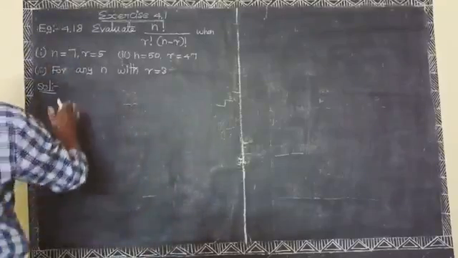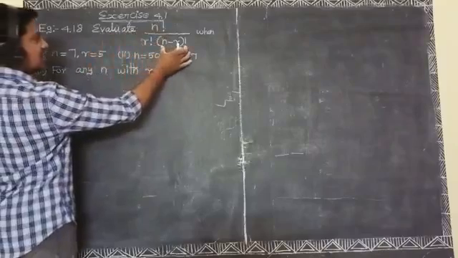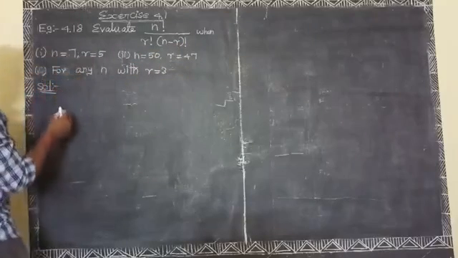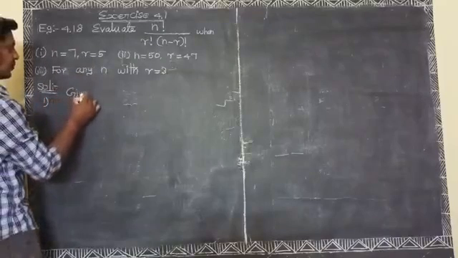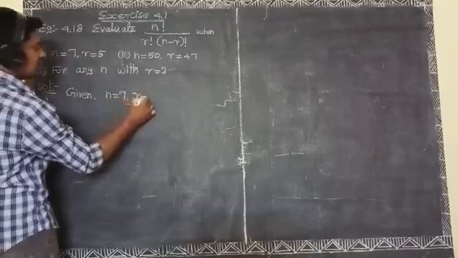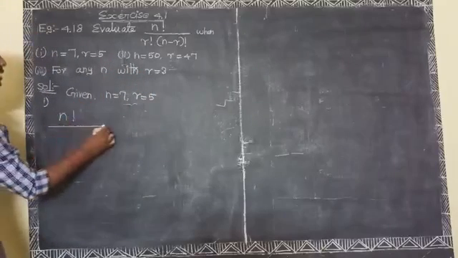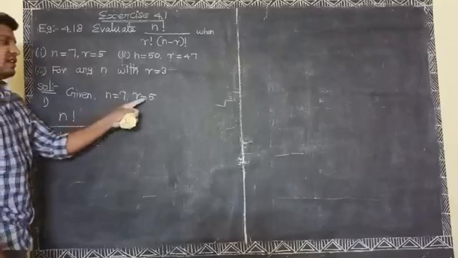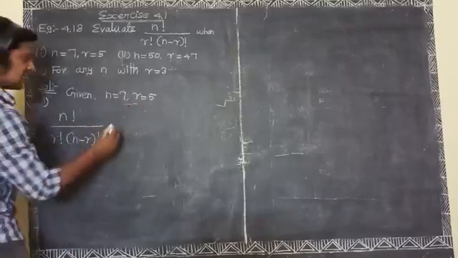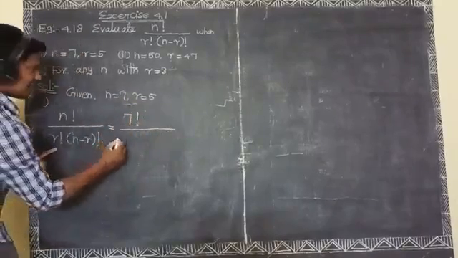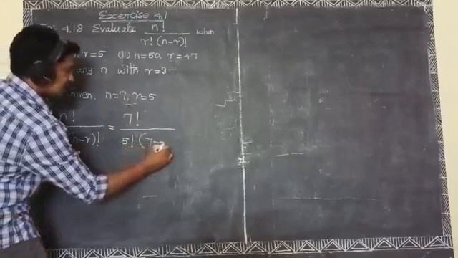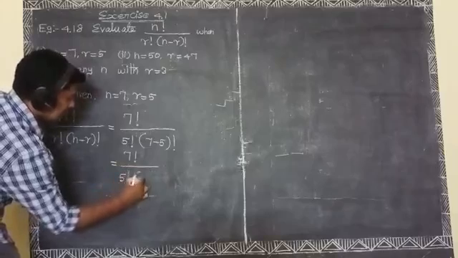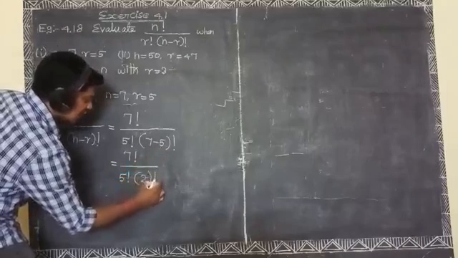Next, example 4.18: evaluate n!/(r!(n−r)!) when the first subdivision n = 7, r = 5. Substituting, we get 7!/(5! × (7−5)!) = 7!/(5! × 2!).